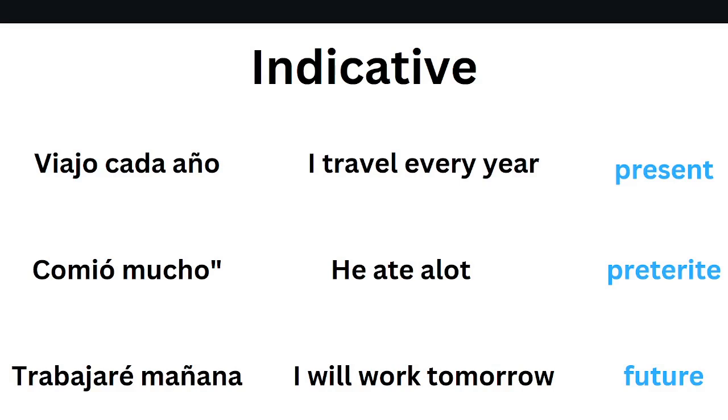And so here are some sentences that are simple examples of the tenses that come under the indicative mood. So here we have the first sentence: viajo cada año. Viajo cada año, which is I travel every year, which is present tense. And then in the second example, we have comió mucho, right, which is he ate a lot, in the preterite, or we could call it simple past tense, right?